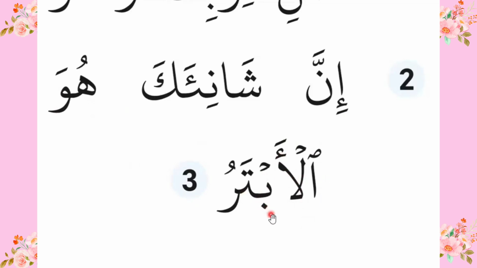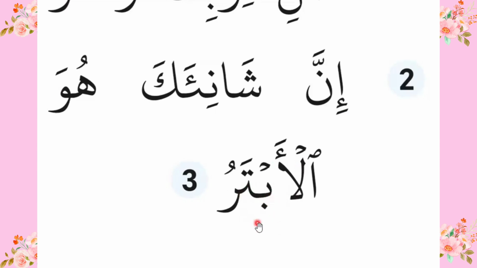If you are a bit intermediate in Tajweed, you know that ba is what we call qalqala. So you're going to make a bouncing and echo sound on the ba. Huwal abtar, huwal abtar. Do not say huwal abatar. No, that would be incorrect. The ba is qalqala.